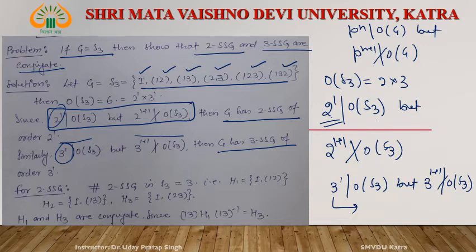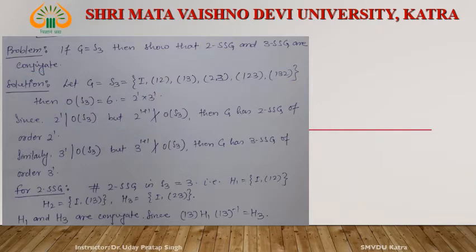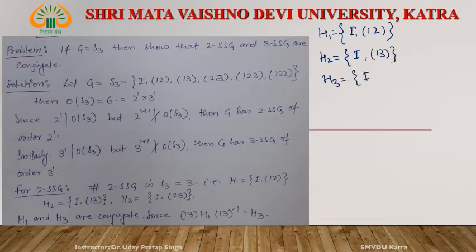Okay, see. What are the 2-Sylow subgroups in S3? One is identity and (1 2). This is one subgroup, say H1. Now say H2 is identity and (1 3). And H3 is identity and (2 3). Right?